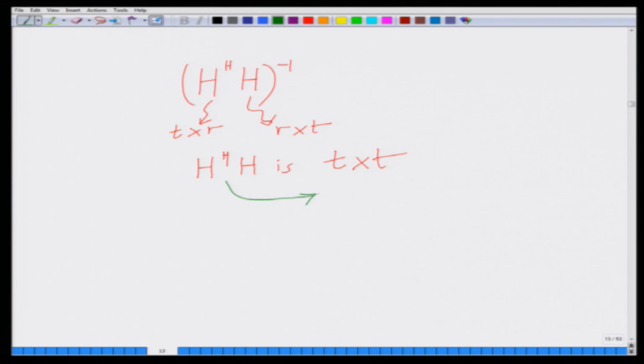Therefore, H Hermitian H is a square matrix, so even if H is a non-square matrix with R greater than T, H Hermitian H is a square matrix, correct? So, H Hermitian H can be invertible.